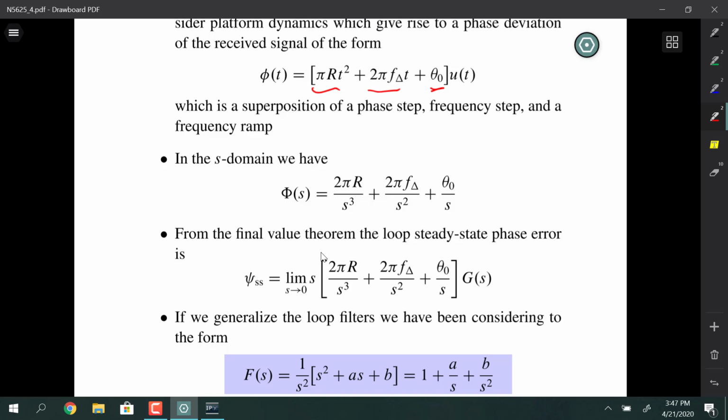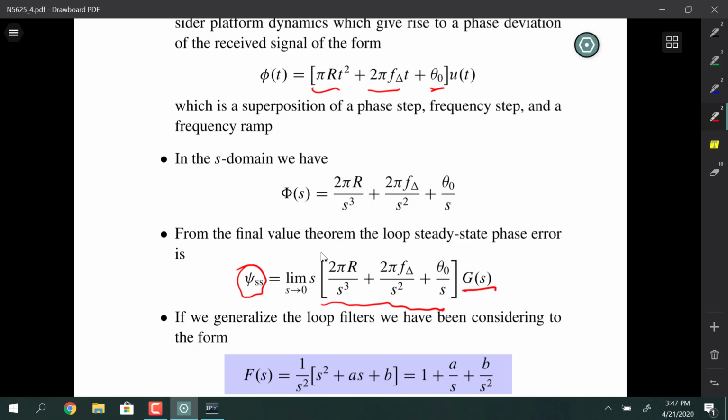Then we could jump over to the final value theorem, like we used before, and take these three possible inputs, play them through the loop error function, to see what the steady state phase error is going to be as t goes to infinity.